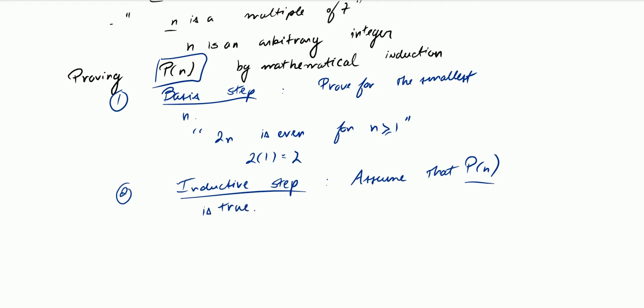You're assuming that Pn is going to be true no matter what n, depending on the restriction, and what you want to do is prove that Pn plus 1 is also true. I'm not going to give you an example for that because that would take a lot of time. I'm basically just going to give you a straightforward example to cover both of these things. So two steps to mathematical induction: the basis step and the inductive step.